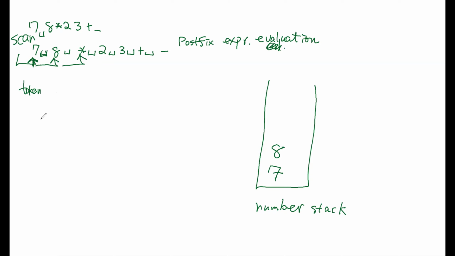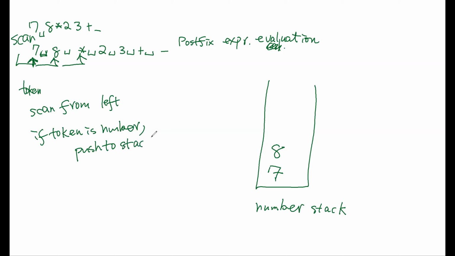So the algorithm, scanning from the left: if the token is a number, we push it to the stack. Next is an operator. If the token is an operator, we pop two numbers out of the stack.